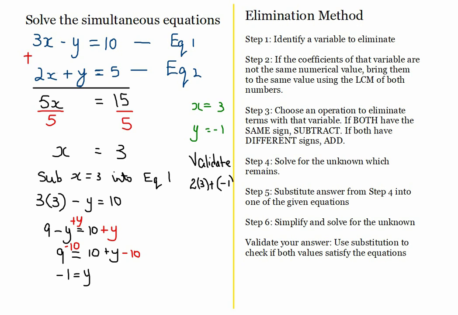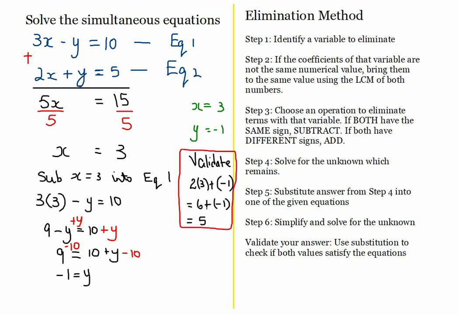And let's simplify, shall we? 2 times 3 is 6. And 6 plus negative 1 gives me 5. So I can see right here that my solution is correct because it satisfies both my equations.